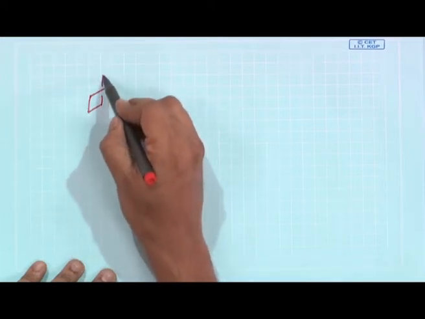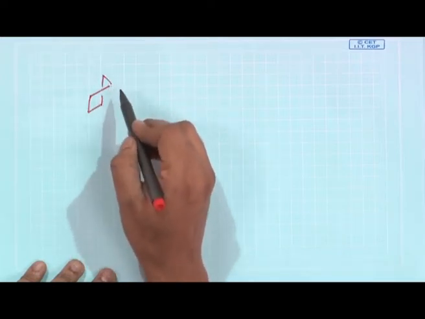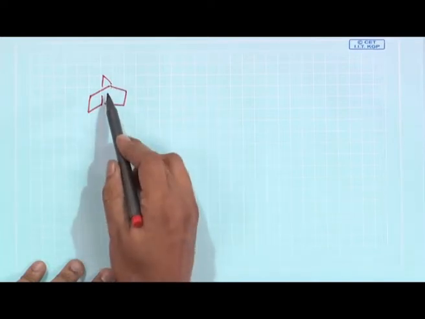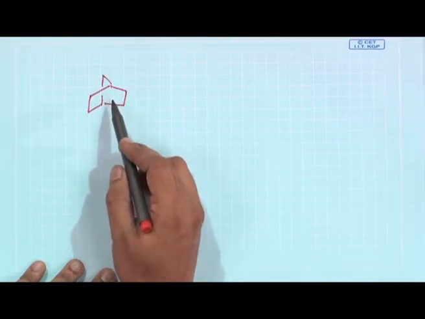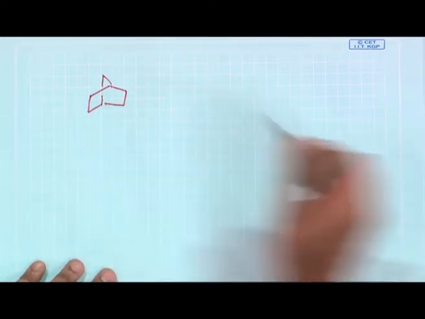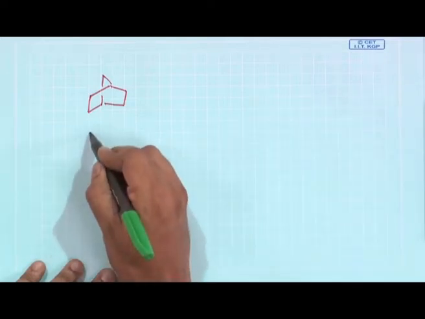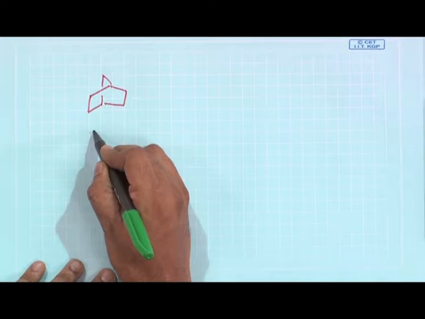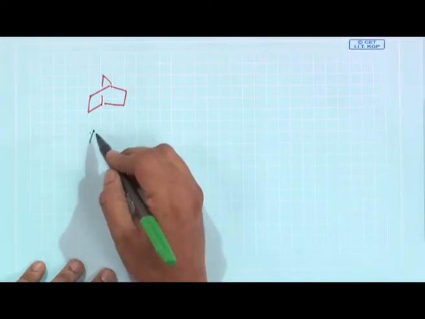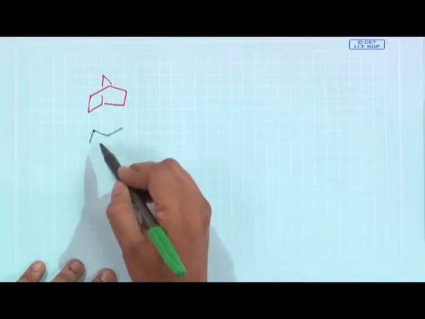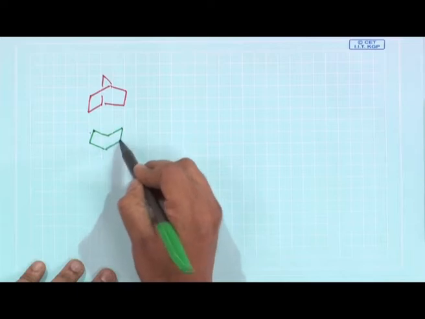If you draw it, you will find that we first drew a norbornene skeleton, and now I will draw another norbornene skeleton in the bottom part of this top norbornene which I drew here.